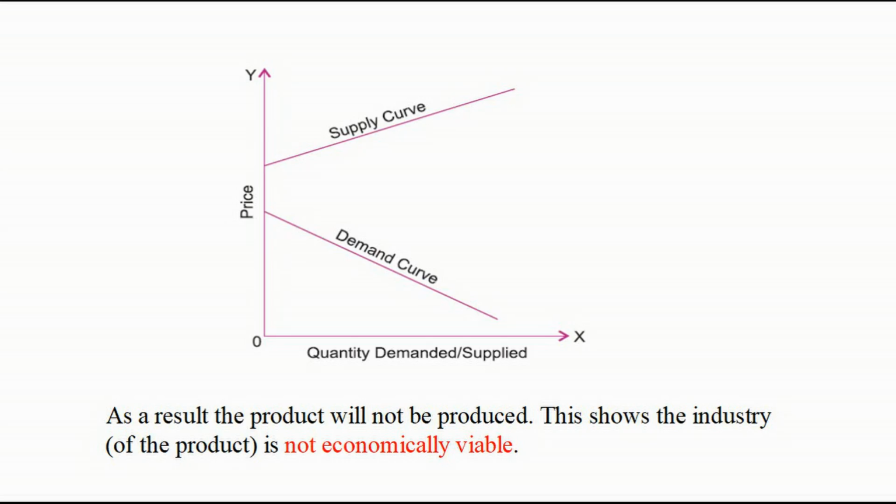They will never intersect each other. As a result, the producers will not produce, and since the consumers are not willing to buy, this shows the industry or the product is not economically viable. It will not be applicable or realistic. Clear? This is what it means when demand and supply curves do not intersect.